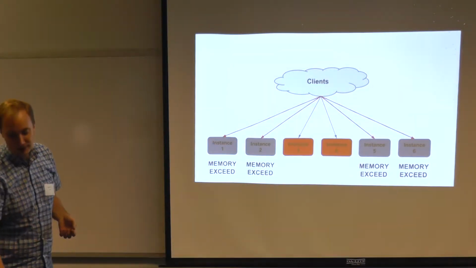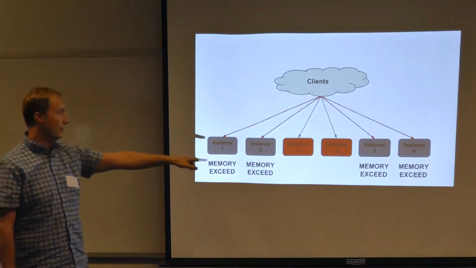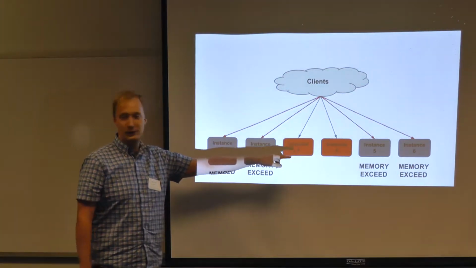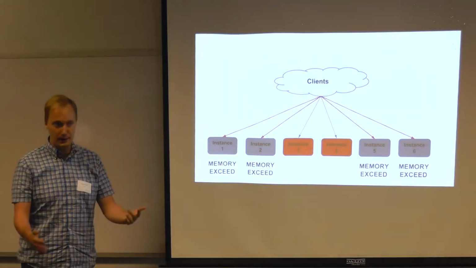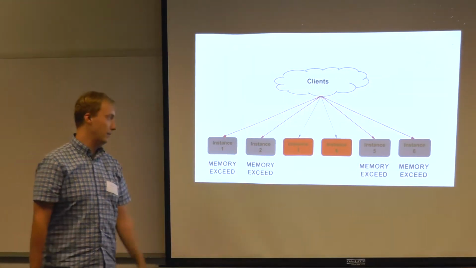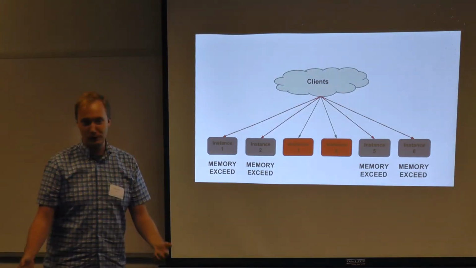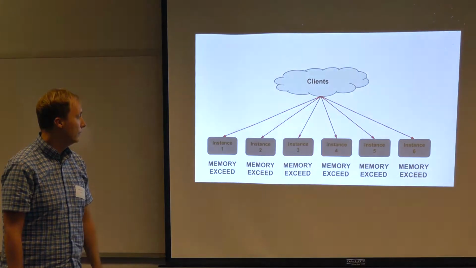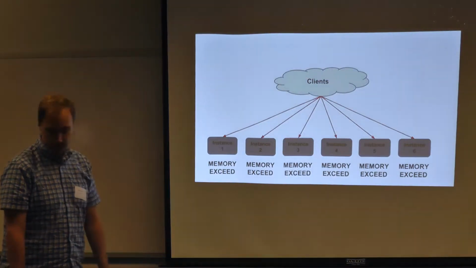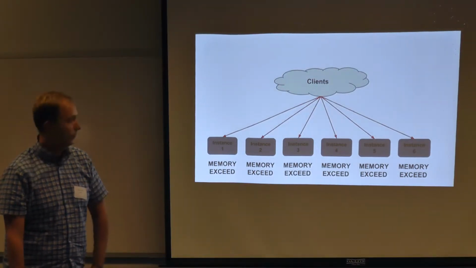But really, these 2 instances are trying to take the load of 6. They're taking 3 times as much load as they normally would, and they don't really have a chance. If these guys died when they just got 20% more load, there's no chance that they're going to survive if they get 3 times as much load. So everything goes down, and your service is now unavailable.